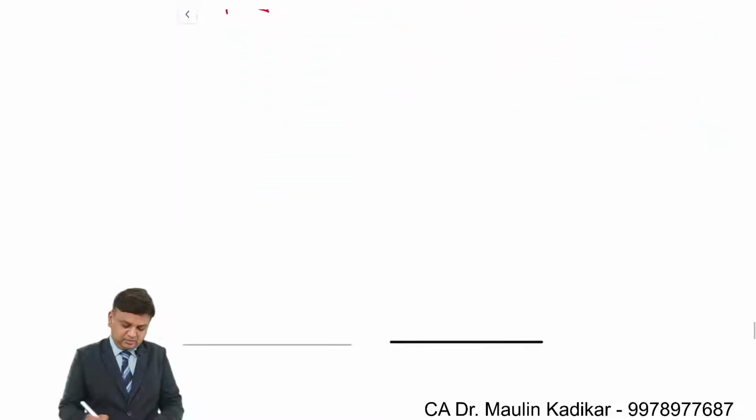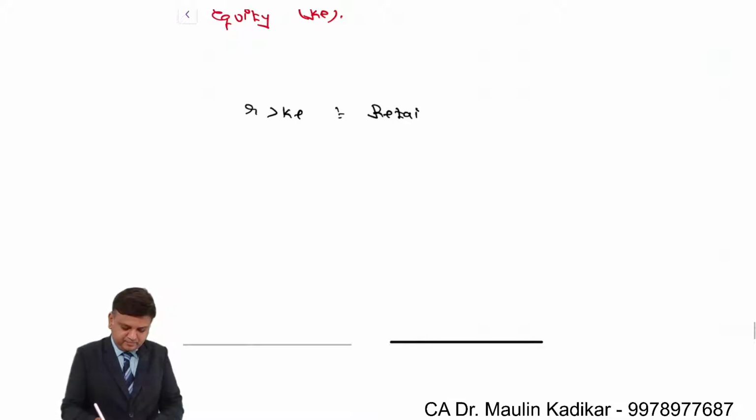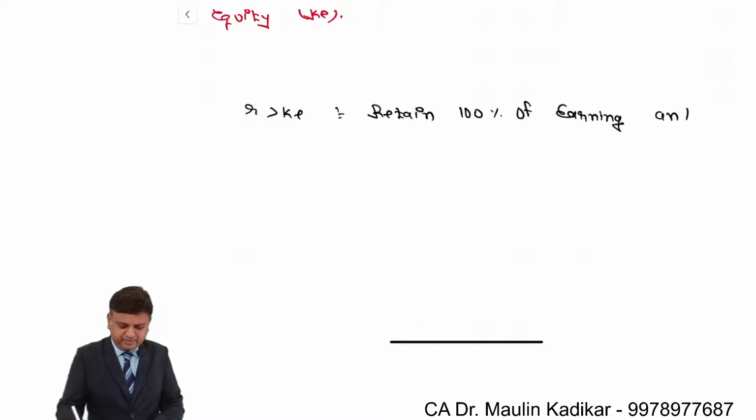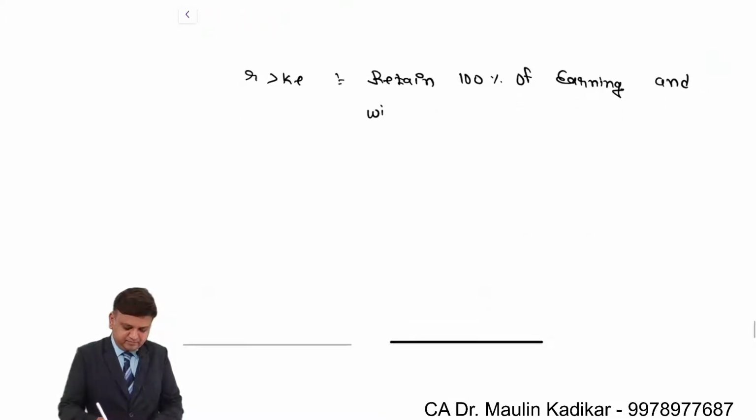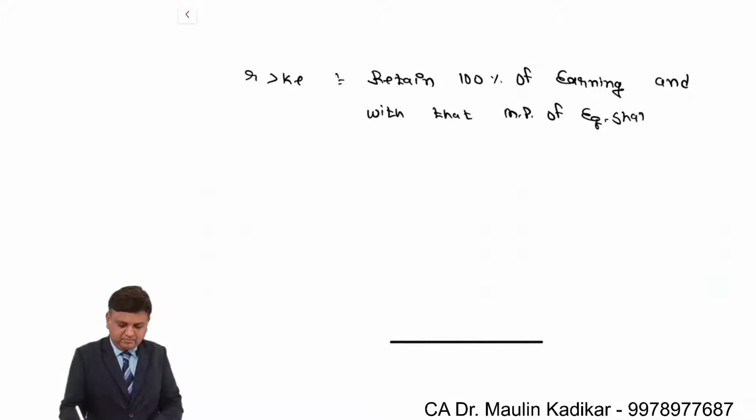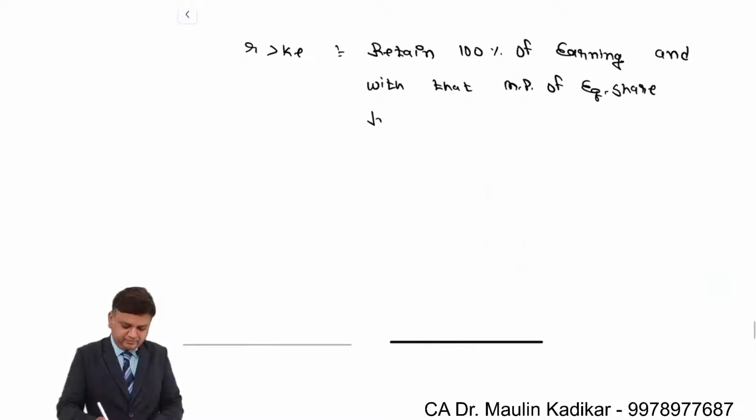With paragraph breakdown, R exceeds K, retain 100% of earning, and with that market price of equity share increase.